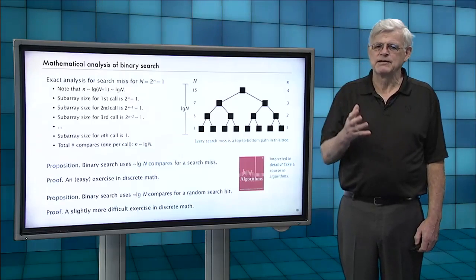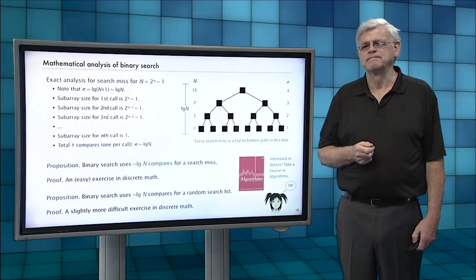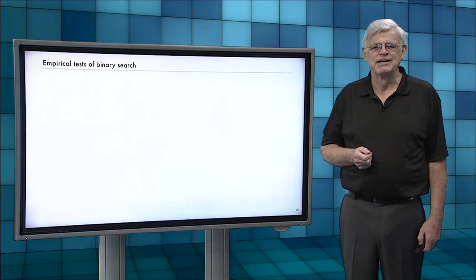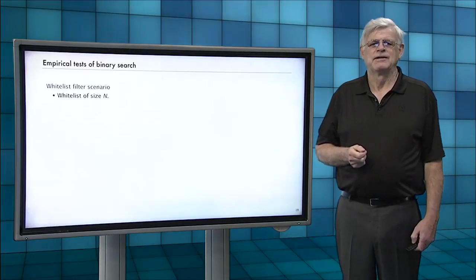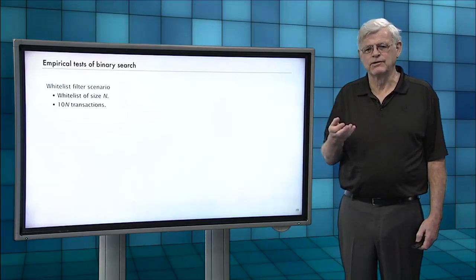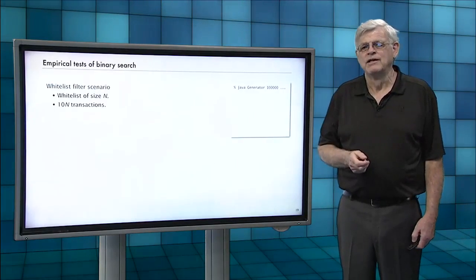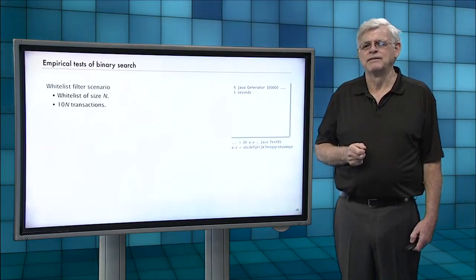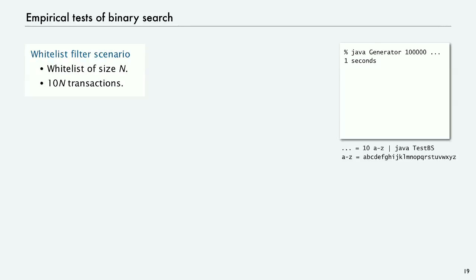And again, we want to test this empirically. And Alice has already signed up for the course on algorithms. Let's do our empirical test for the scenario that we considered for sequential search. And again, we'll do the same story. And now we'll test binary search, not sequential search.